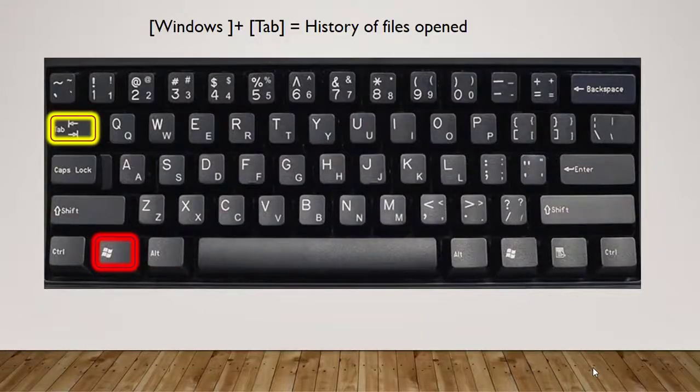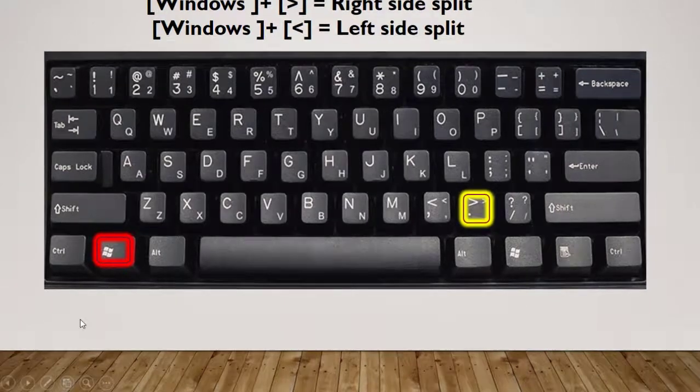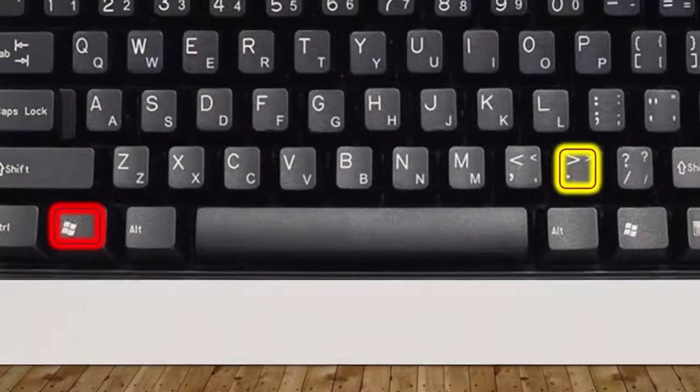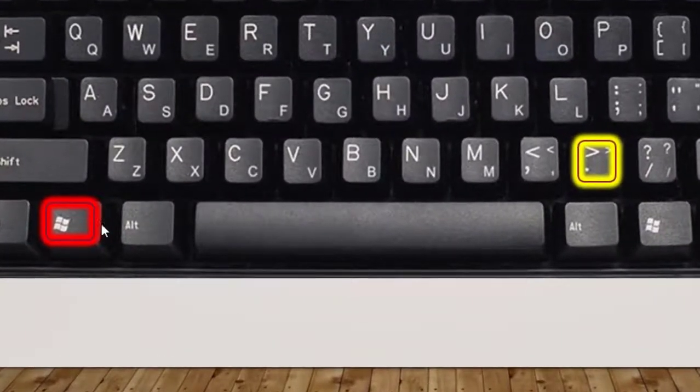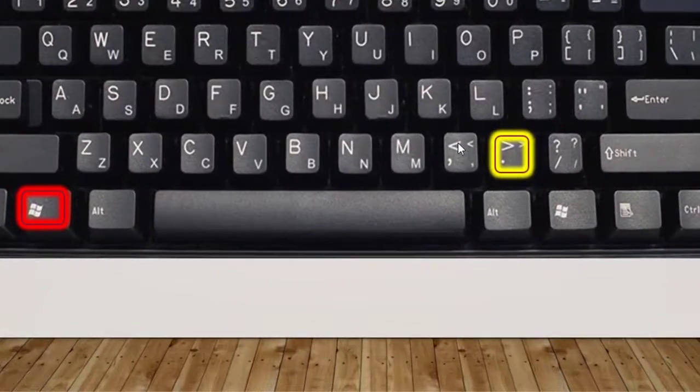Then let us move on to the next shortcut key, which is Windows key together with this greater than symbol, or you can use Windows key together with this less than symbol. So what is the use of this shortcut key?